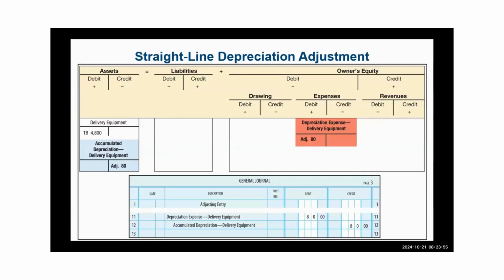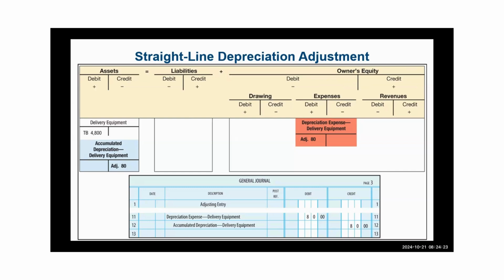So let's see what that looks like in this chart. As you see over in assets, I have my delivery equipment of $4,800. But now I have an accumulated depreciation for the delivery equipment, and that has an adjustment of $80. On the other side, I have a depreciation expense for delivery equipment, and that increases on the debit side. So when I put them in my journal, the debit goes first, right?